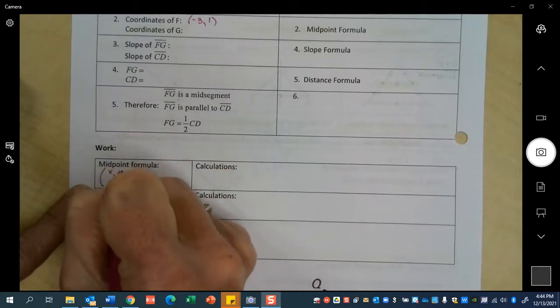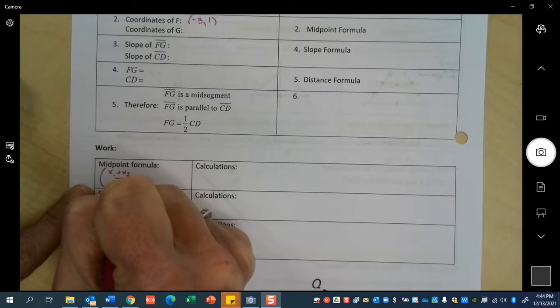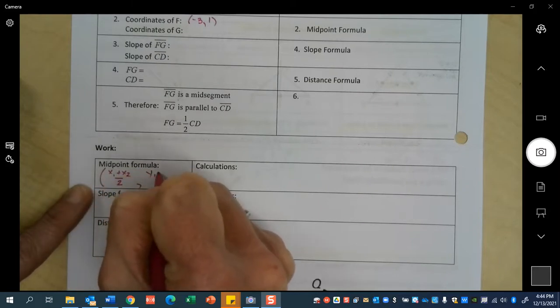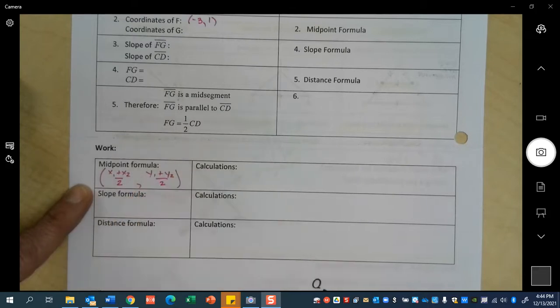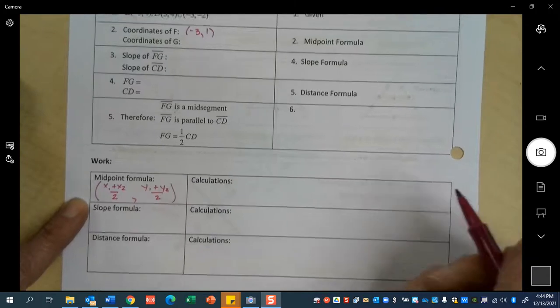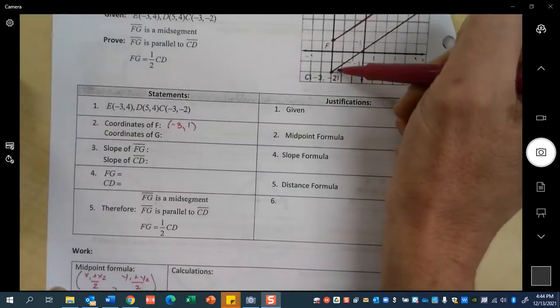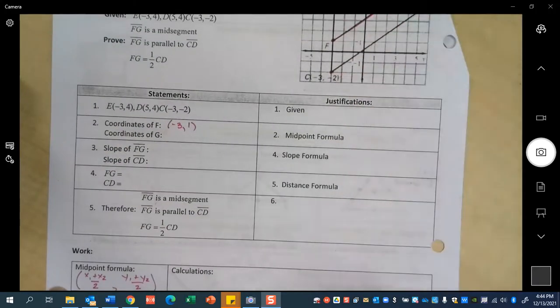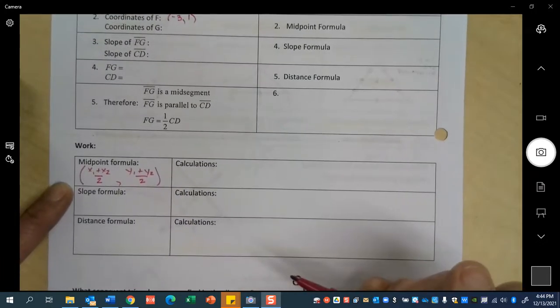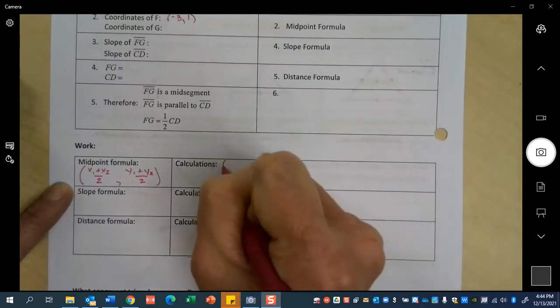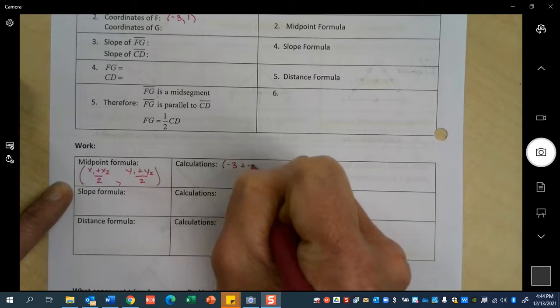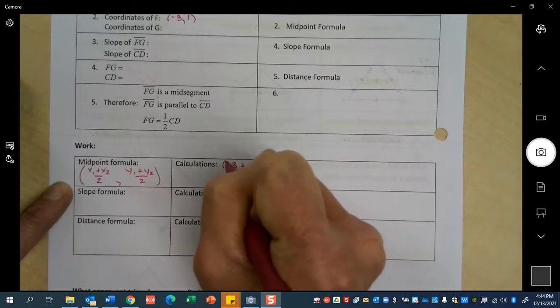So it's x1 plus x2, my average of my x coordinates, and then of course the average of my y coordinates. So when I'm talking about the midpoint from E to C, my calculations are going to be negative 3 plus negative 3 divided by 2.